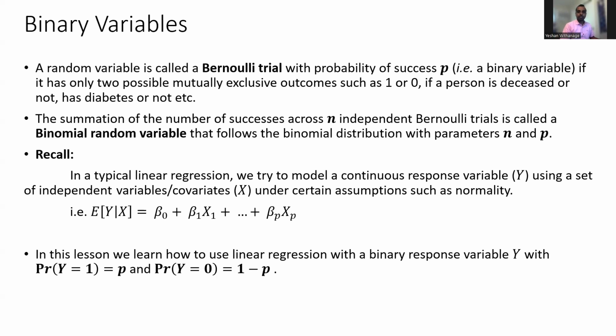Now suppose you flip the coin 10 times and count the number of heads you can get. In this experiment, the number of heads you can get is also a random variable, but it has more than two possible outcomes. In fact, it can take any value from 0, 1, 2 up to 10.